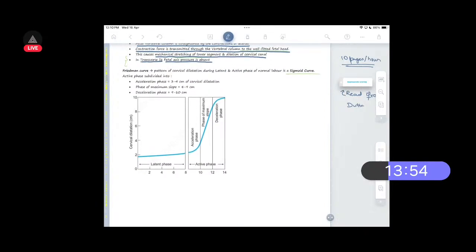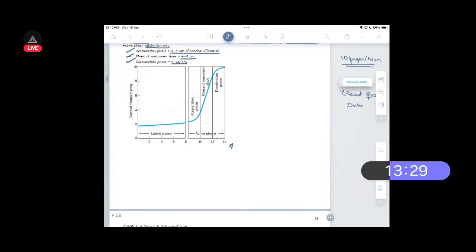Friedman's curve is the pattern of cervical dilatation during labor, latent and active phase of normal labor. It is a sigmoid curve. The active phase is subdivided into accelerated phase, phase of maximum slope, and deceleration phase. Accelerated phase is 3 to 4 centimeter of cervical dilatation, maximum slope is 4 to 9, and deceleration phase is 9 to 10 centimeter. This is the cervical dilatation and level.